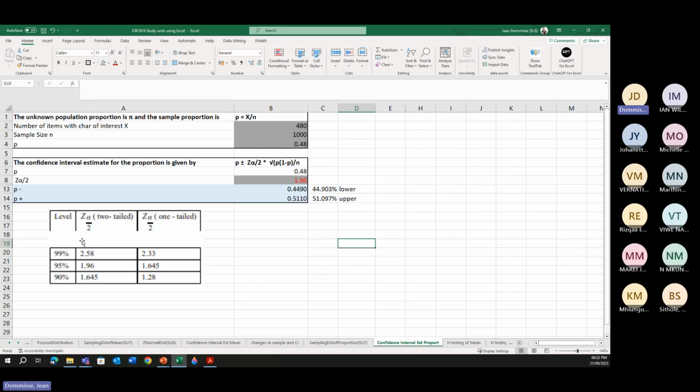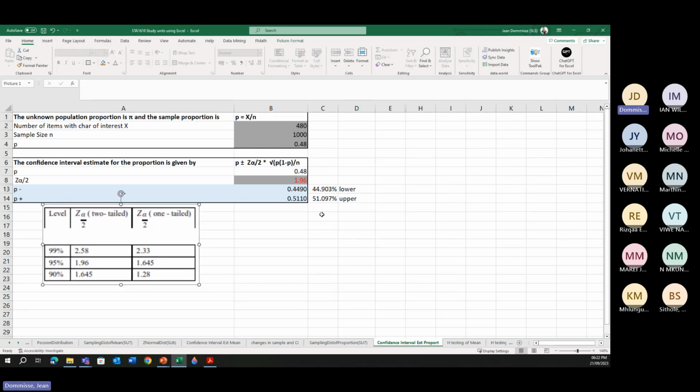You can use this table that is here, so you will not need to work out the Z of any other level.